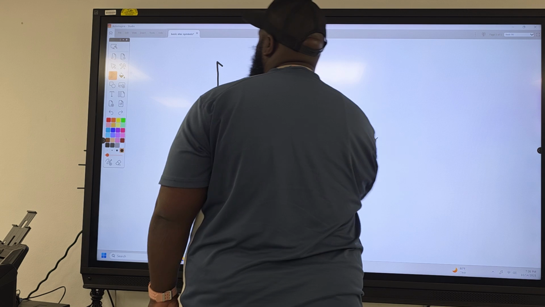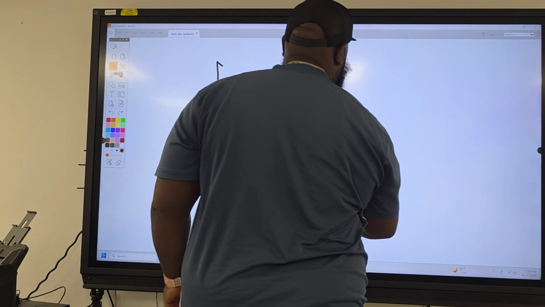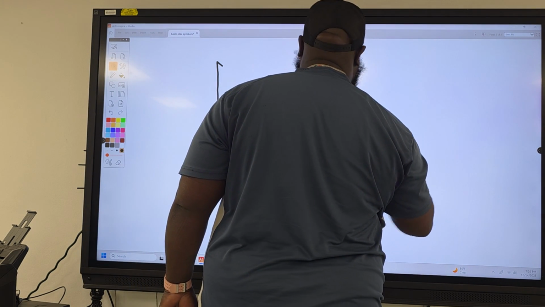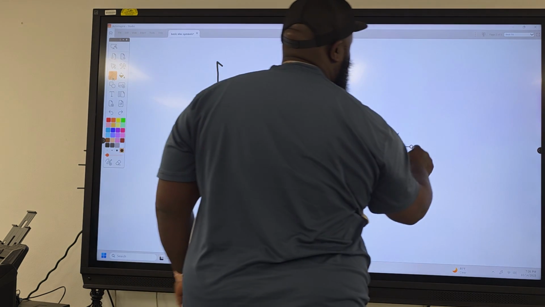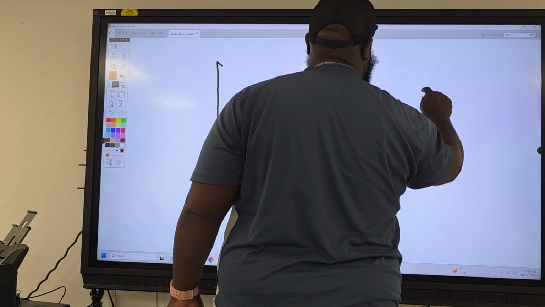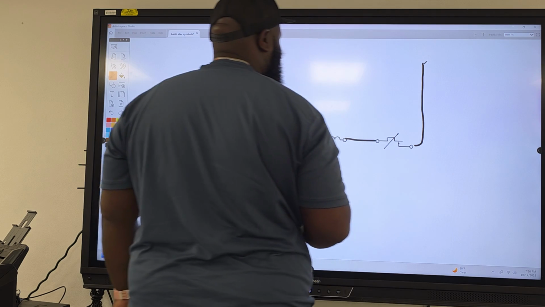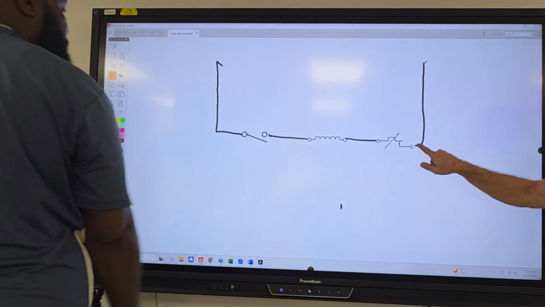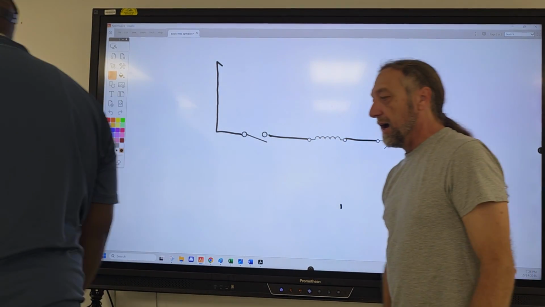Now add the switch, and then draw another line. Okay, thank you. It's perfect. Just connect it, that's all.